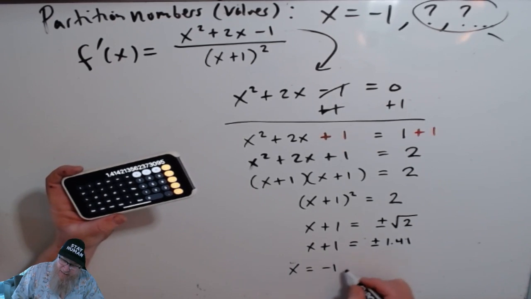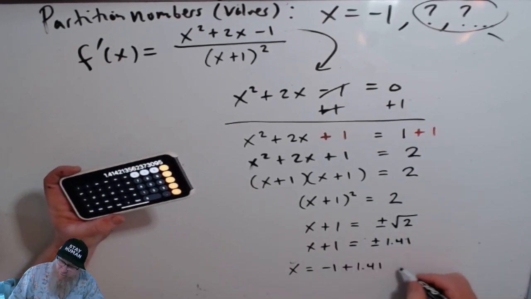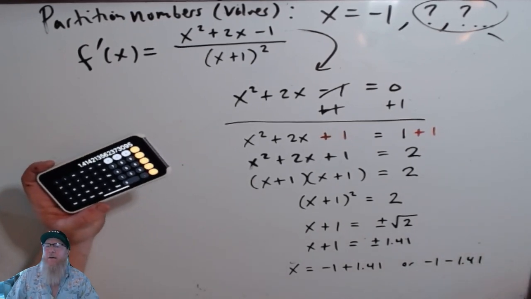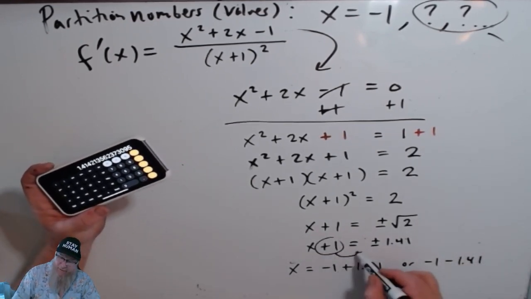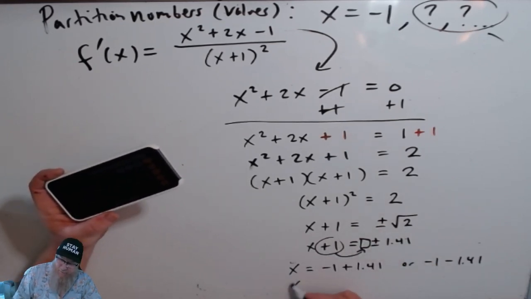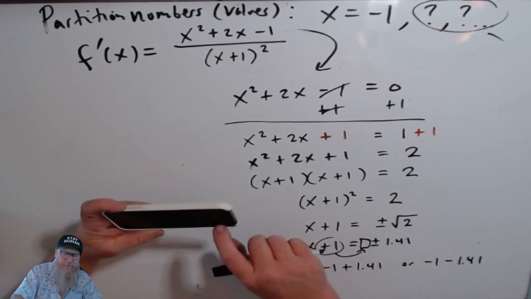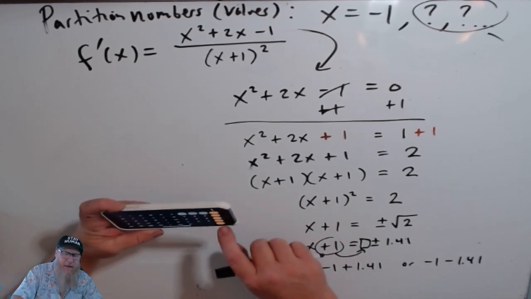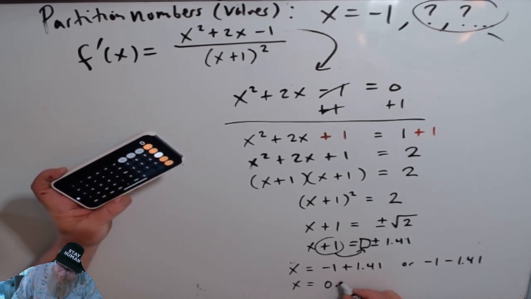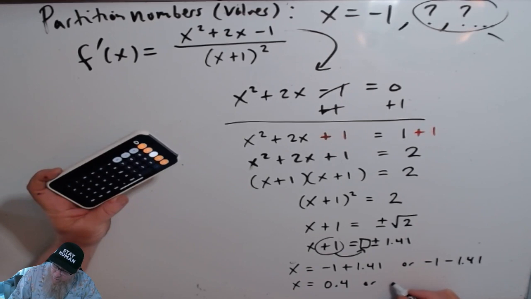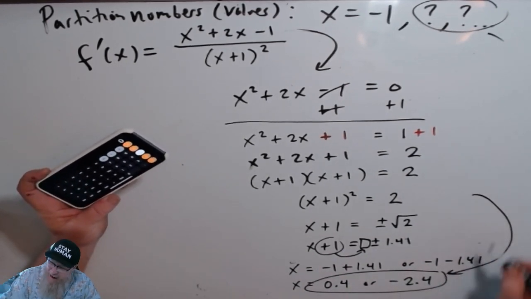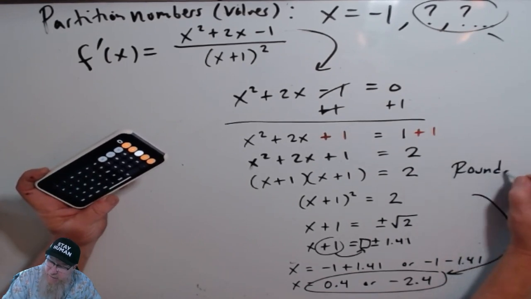So x is going to be -1 plus 1.41 or -1 minus 1.41. I'm just moving the negative +1 to the other side and making it -1. I don't even need to use a calculator for that. It's going to be 0.4 or -2.4. For graphing problems, you can round to the nearest tenth.